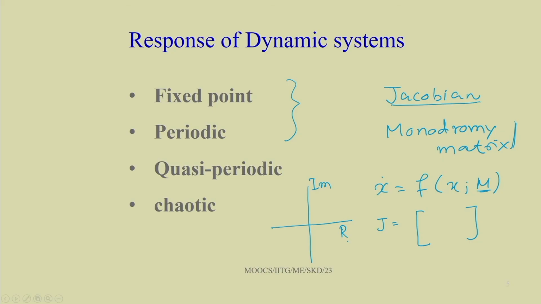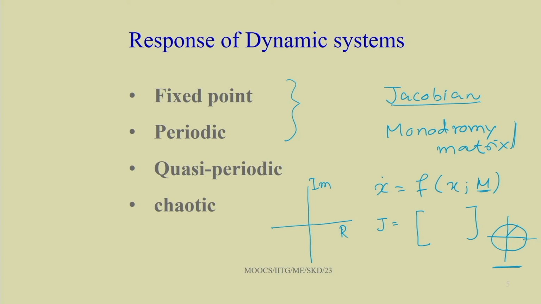We can draw a unit circle: if the eigenvalues, or the Floquet multipliers, are lying within this unit circle, then the system is stable, otherwise the system is unstable. This part we will see again today, and from these we will study how to carry out the bifurcation analysis in case of the periodic response.